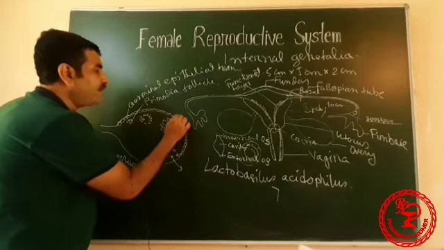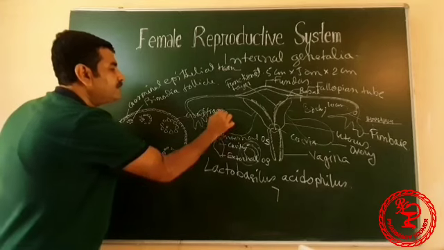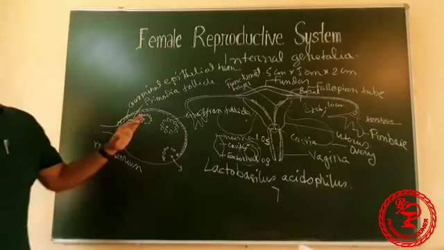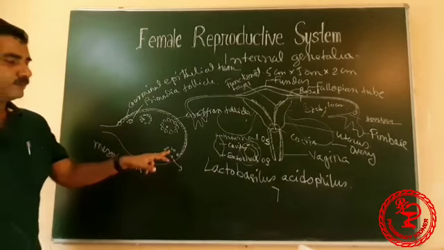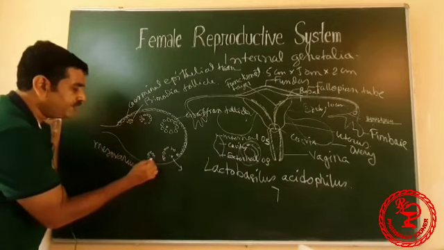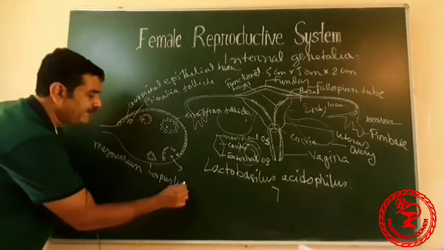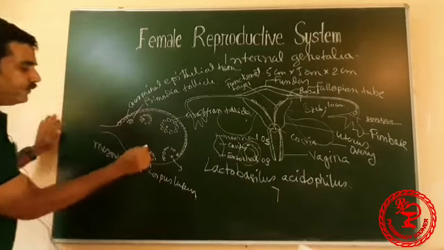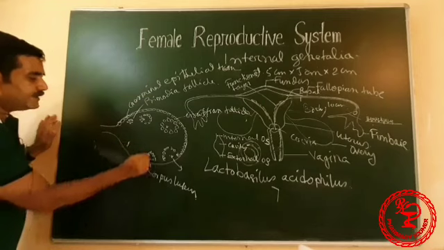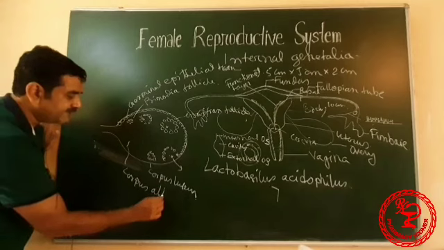So there could be a Graafian follicle. If ovulation occurs, after the ovulation there is a formation of corpus luteum. And if pregnancy does not occur, then it shrinks to form corpus albicans.